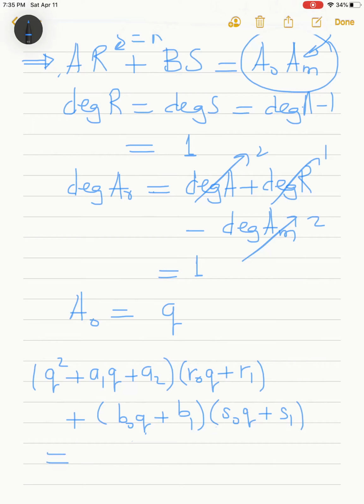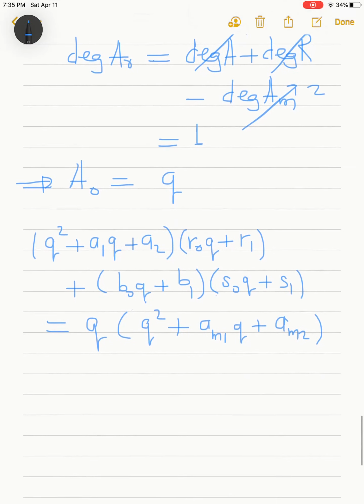That's equal to A node AM. We have already selected A node to be equal to Q, so Q times the desired factor AM, and that is given to be Q squared plus AM1 Q plus AM2.